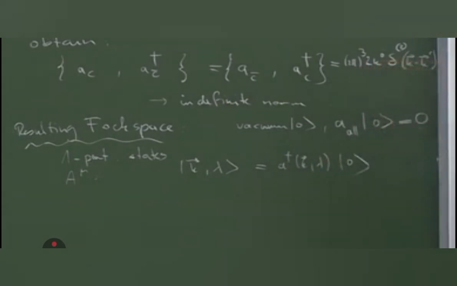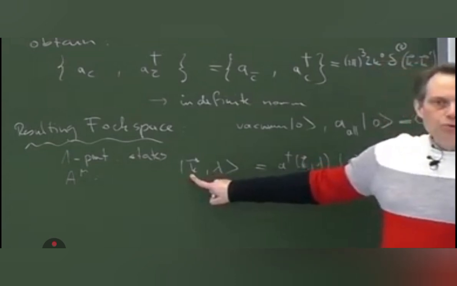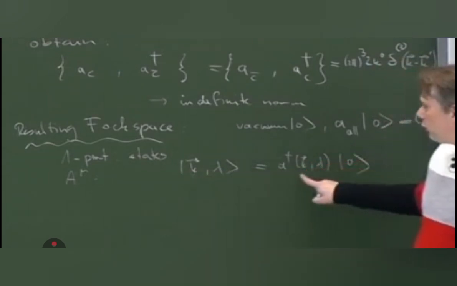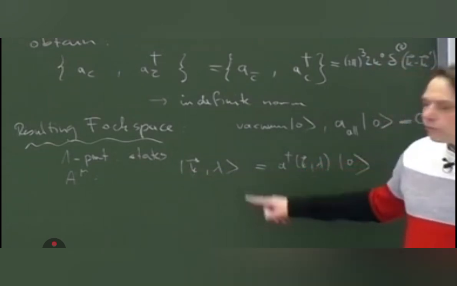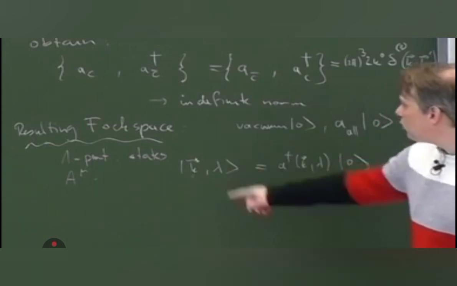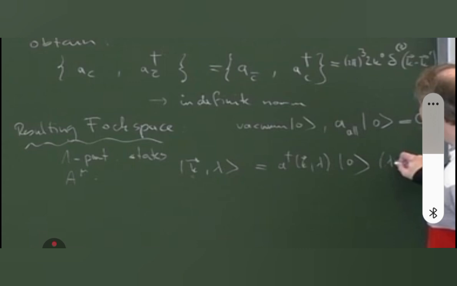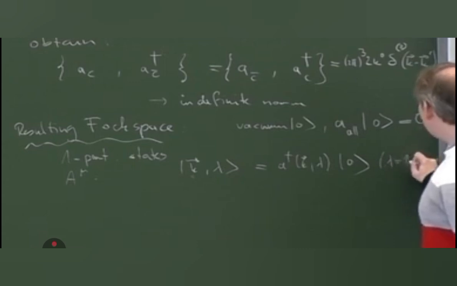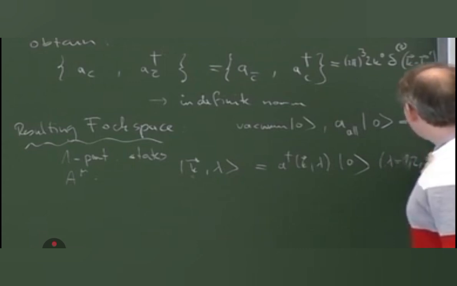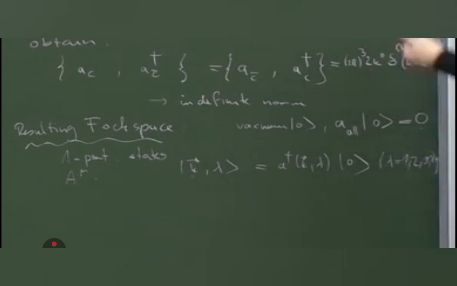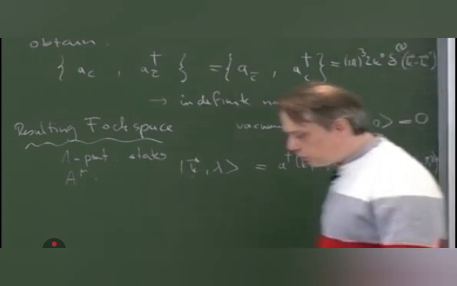Then for any chosen momentum k, there are now 4 linearly independent states in our one particle space for lambda equal 1, 2 and 3, 0 or 1, 2 and L, depending on how you want to do it.